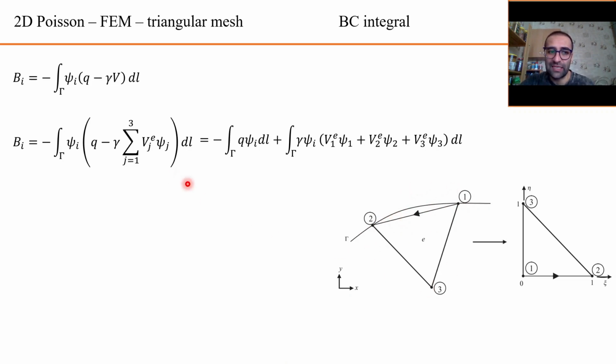Instead of calculating this integral in this coordinate, it is again convenient to transform this element to the natural coordinates zeta and eta and calculate this integral over this line segment.